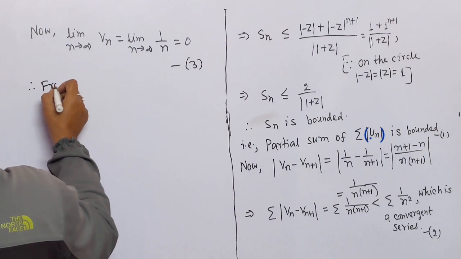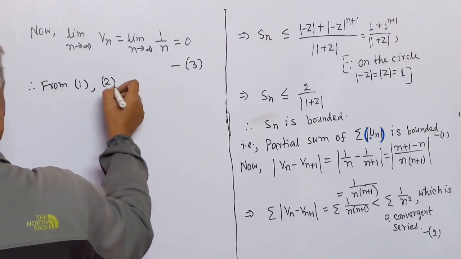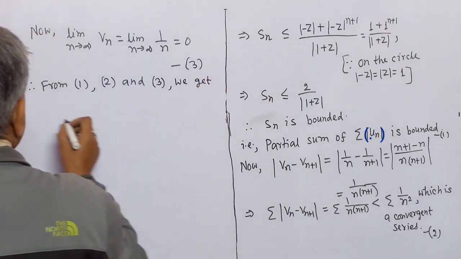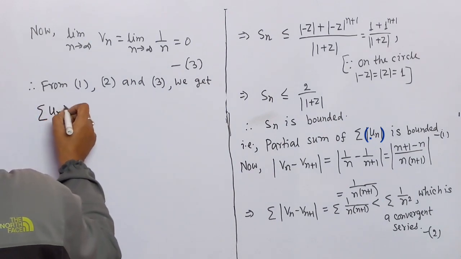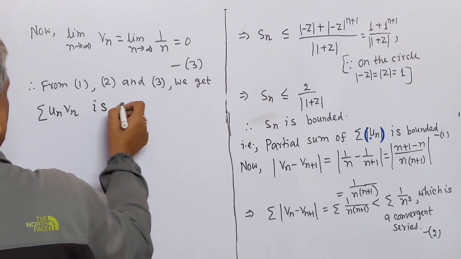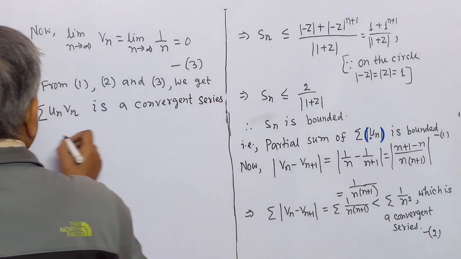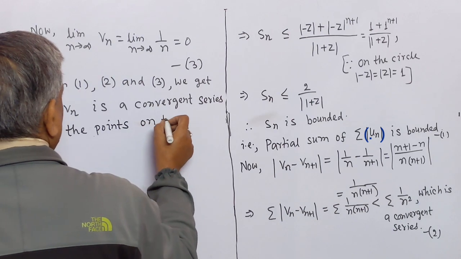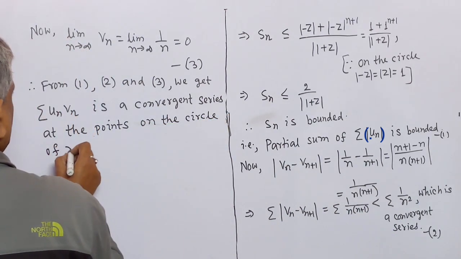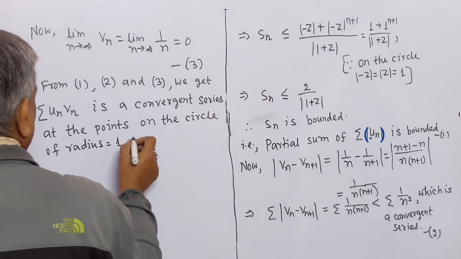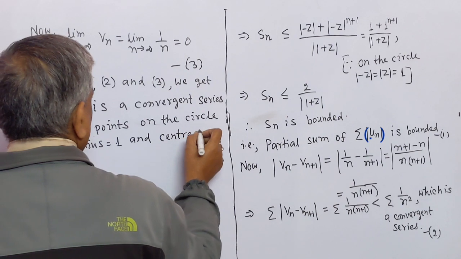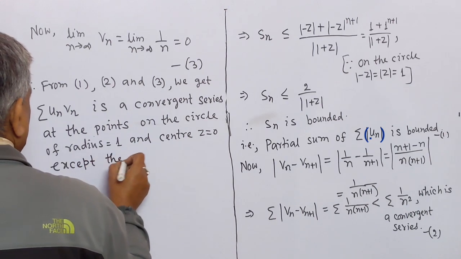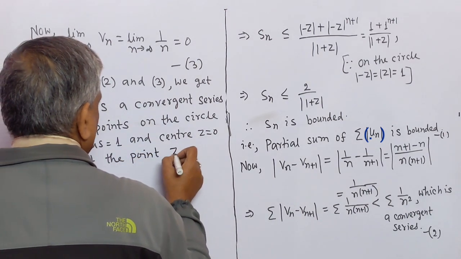Therefore, from 1, 2 and 3 we get that sigma u_n v_n is a convergent series at the points on the circle of radius 1, center z equal to 0, except the point z equal to minus 1.